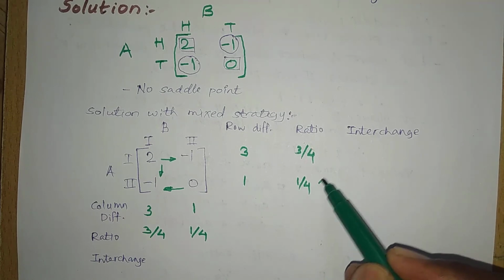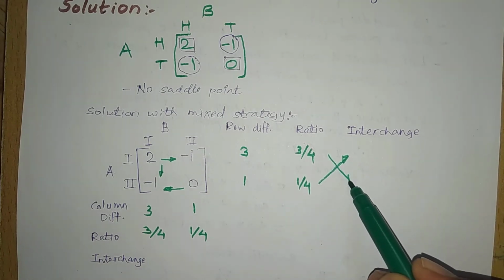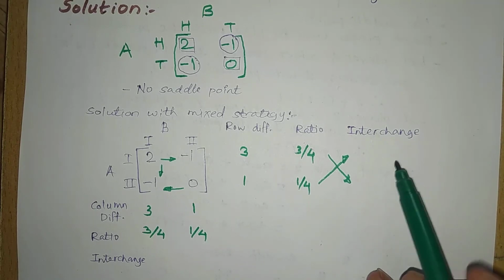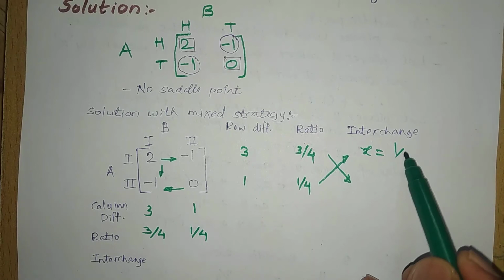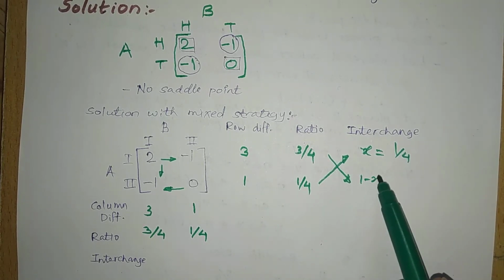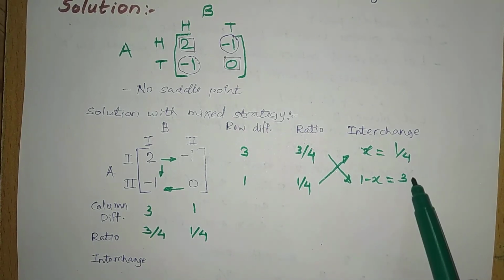Now let us interchange these ratios, so we get the probabilities. Here x will be 1 by 4 and 1 minus x will be 3 by 4.